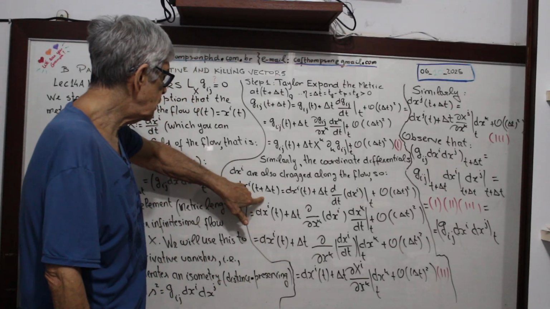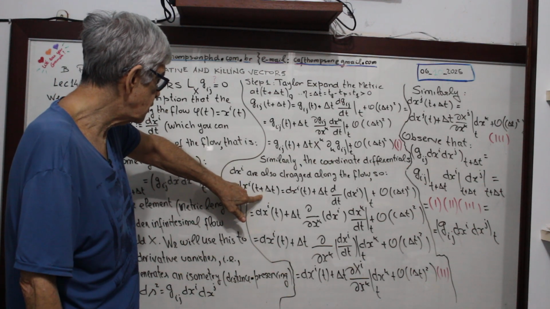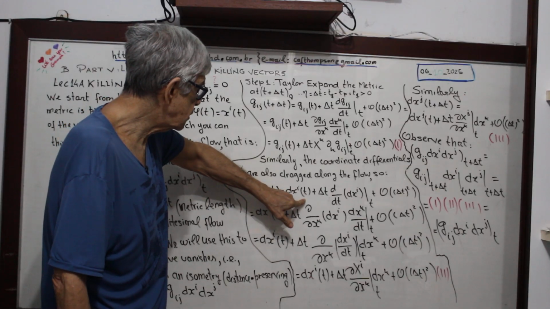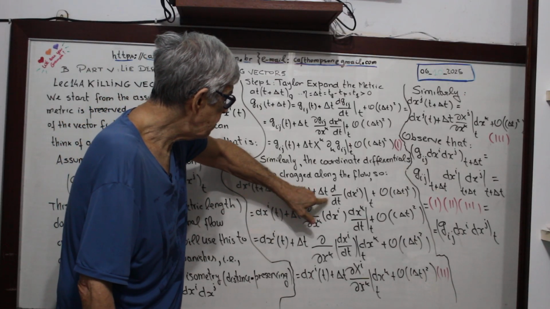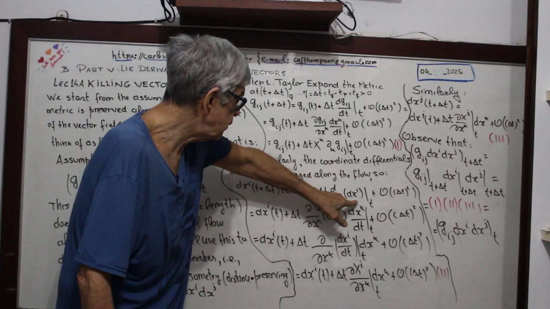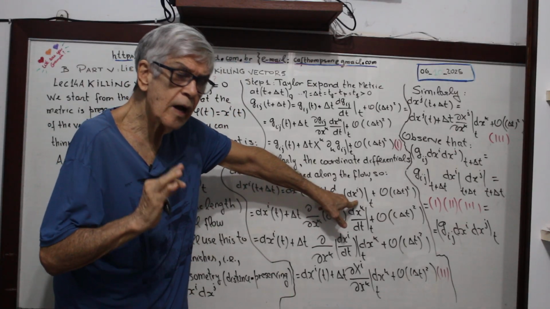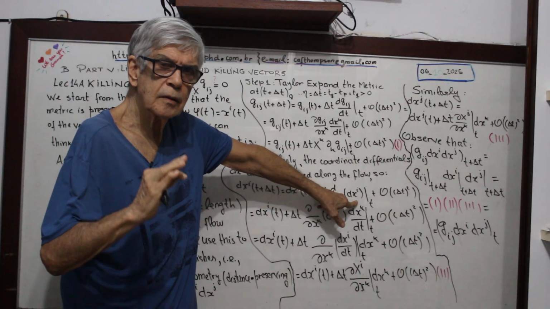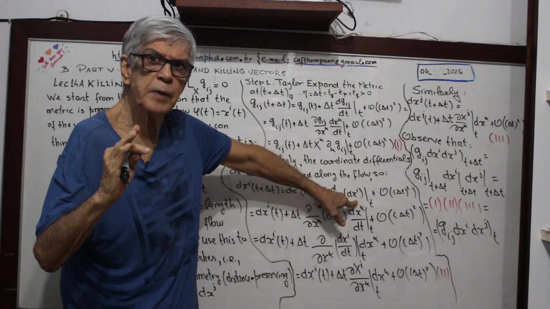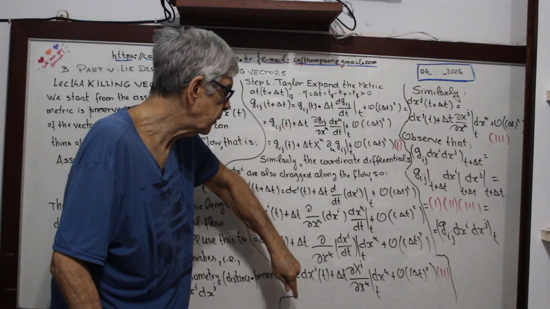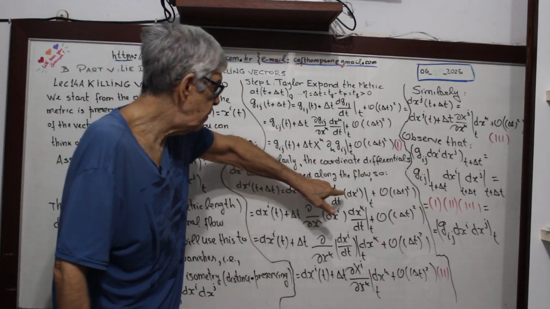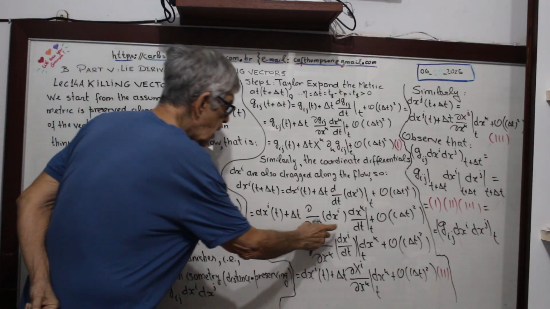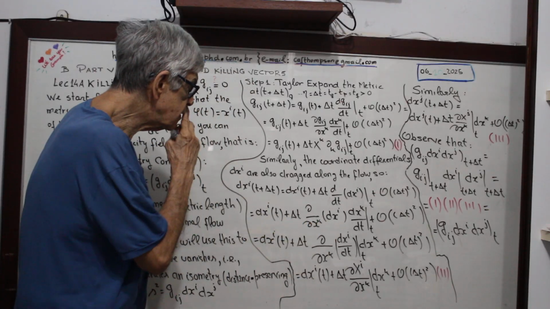So we expand the Taylor series: dx^i at t plus delta t equals dx^i at t plus delta t times d/dt of dx^i. dx^i is a basis that belongs to the cotangent space. Here I use the chain rule, but there is a trick.